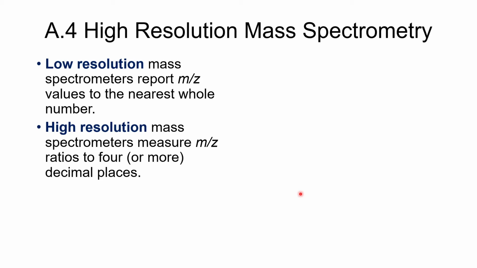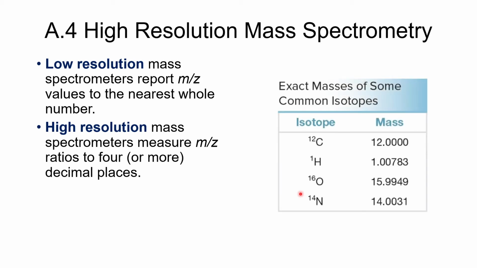A typical low-resolution mass spectrometer you can get for somewhere around $10,000 or $20,000, which I know sounds like a lot. You could buy a whole car with that. But the high-res mass specs that go out to about 4 decimal places typically run several hundred thousand, so 10 or 20 times more than a low-res mass spec. They're a lot more expensive.